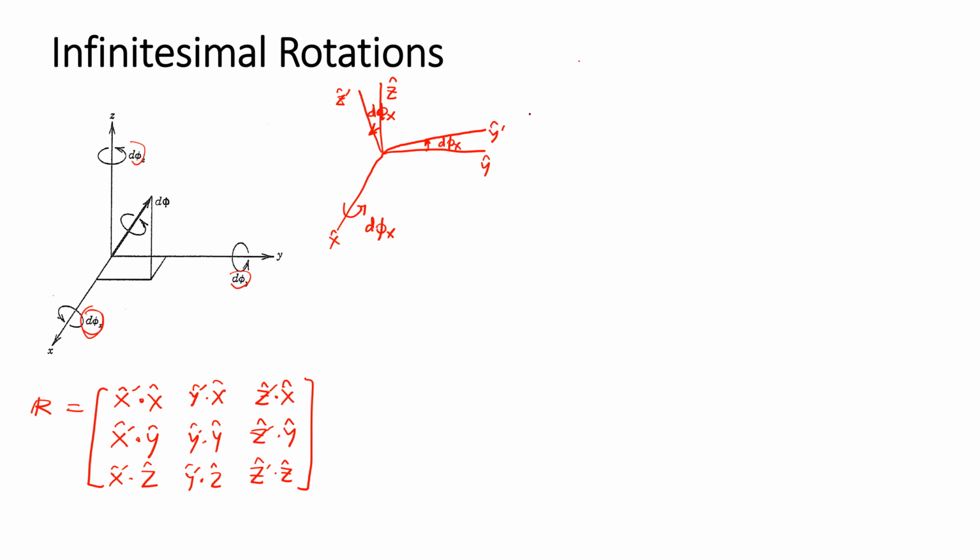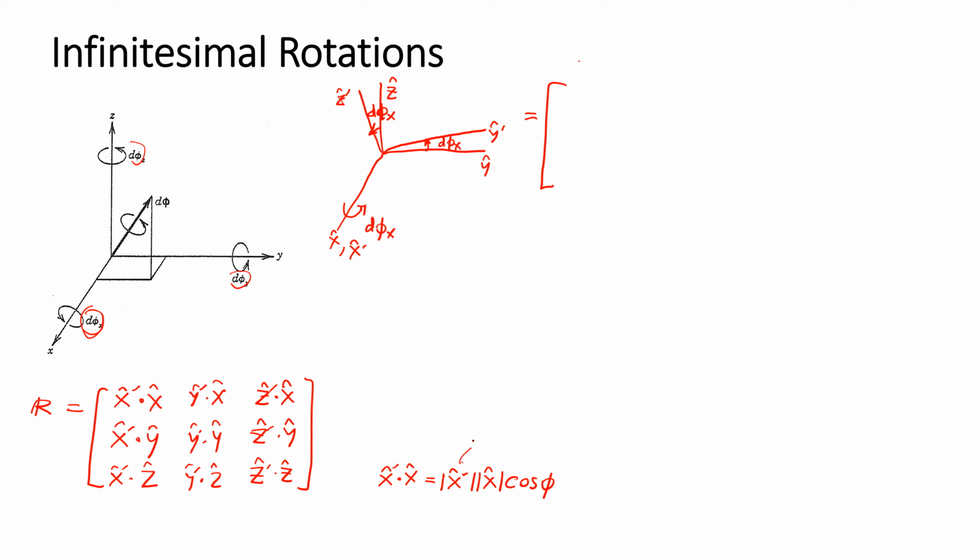Let's compose the rotation matrix. x and x prime have the same direction, so x dot x prime is the magnitude of x prime times the magnitude of x times cosine theta, where theta is the angle between the two vectors.